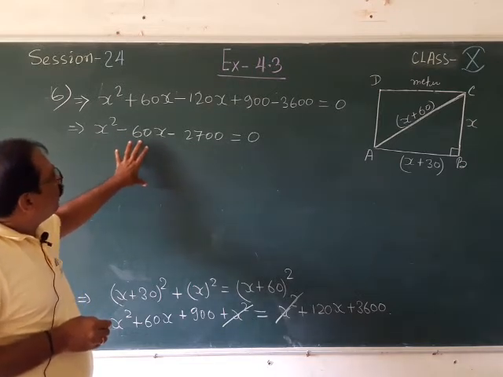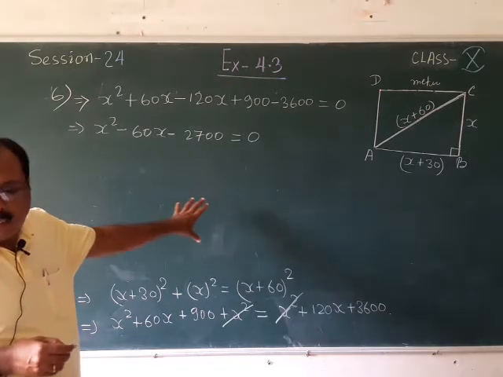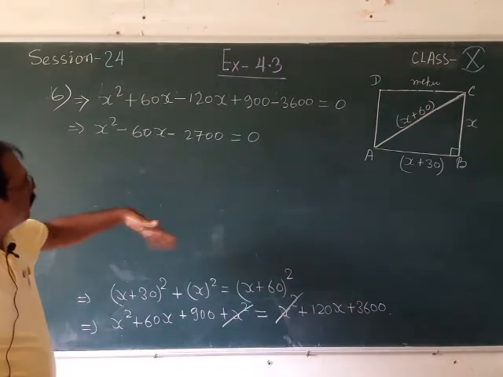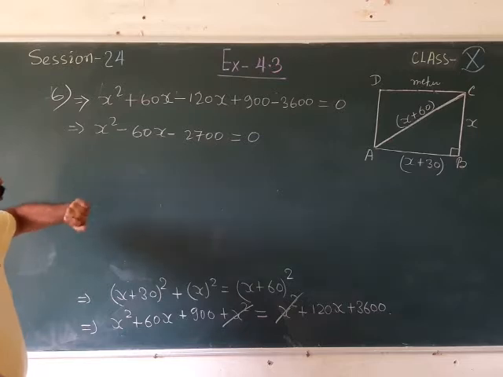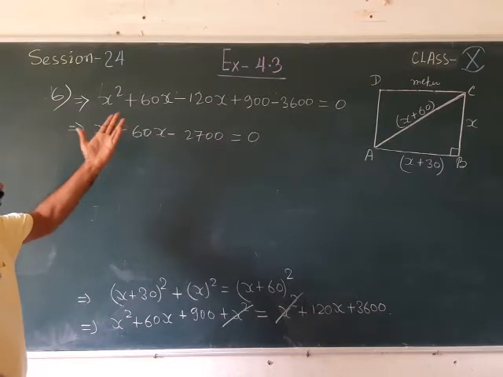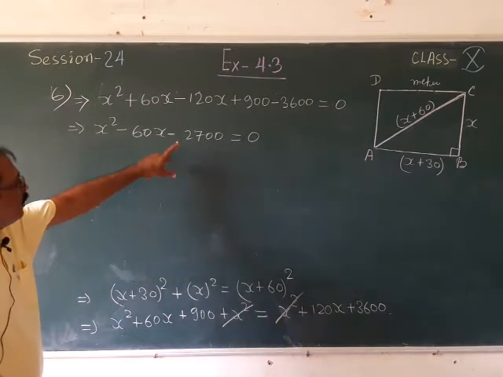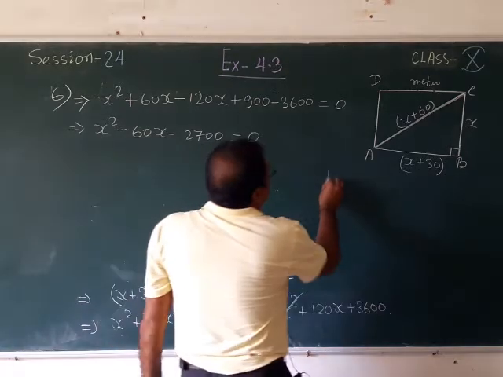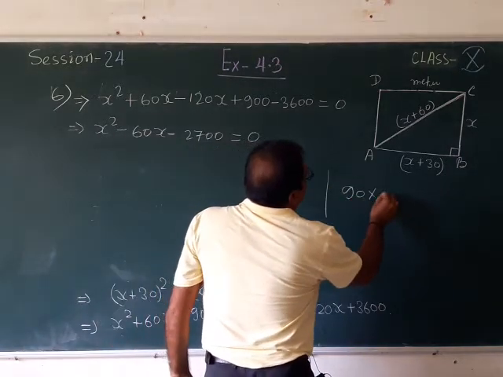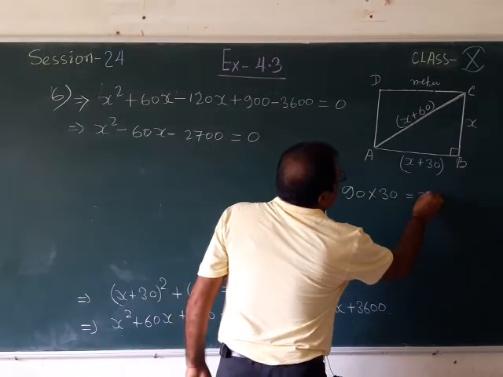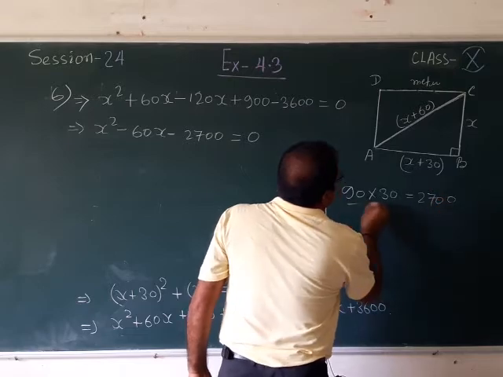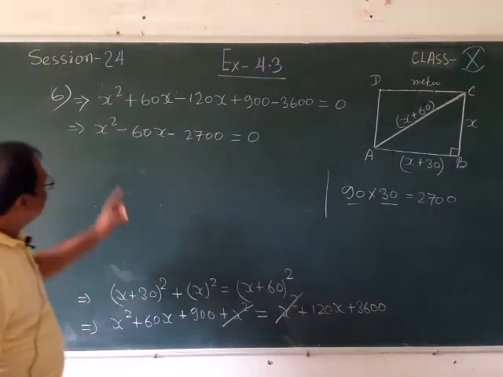Once again, I am not going to use the quadratic formula; I am going to use factorization. As I know, 90 into 30 will give you 2700 and 90 minus 30 will give you 60.